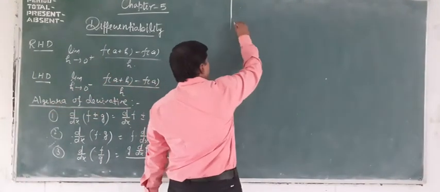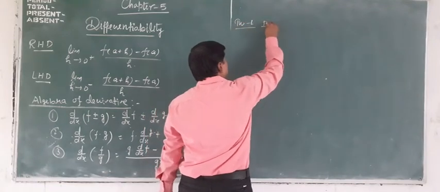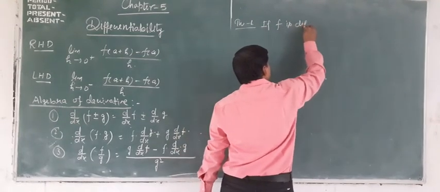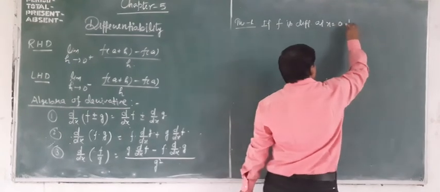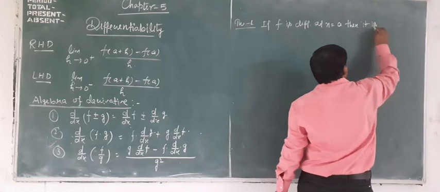This is theorem number 1: if f is differentiable at x equal to a, then it is continuous at x equal to a.